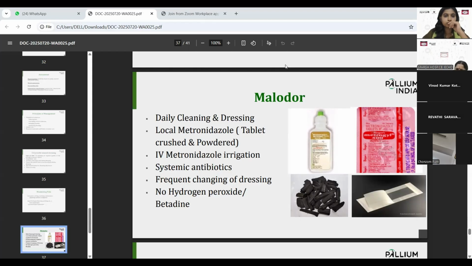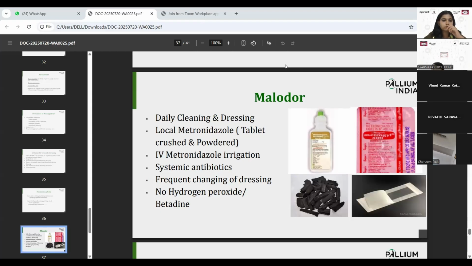With the help of metronidazole powder, you can crush and mix it with normal saline or petroleum jelly and apply it on the wound. You can use clean gauze pieces. For the dressing irrigation, you can go with IV metronidazole. That irrigation liquid is available, so you can use that.